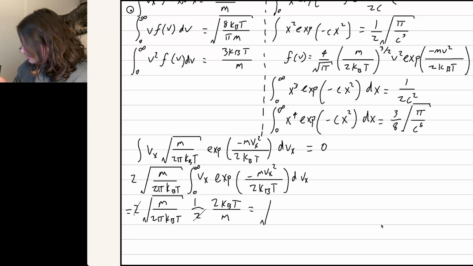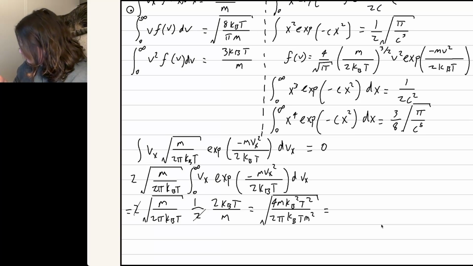So you'll have 4m, kbt squared, over 2 pi kbt m squared. Simplifying, 4 will go to 2.